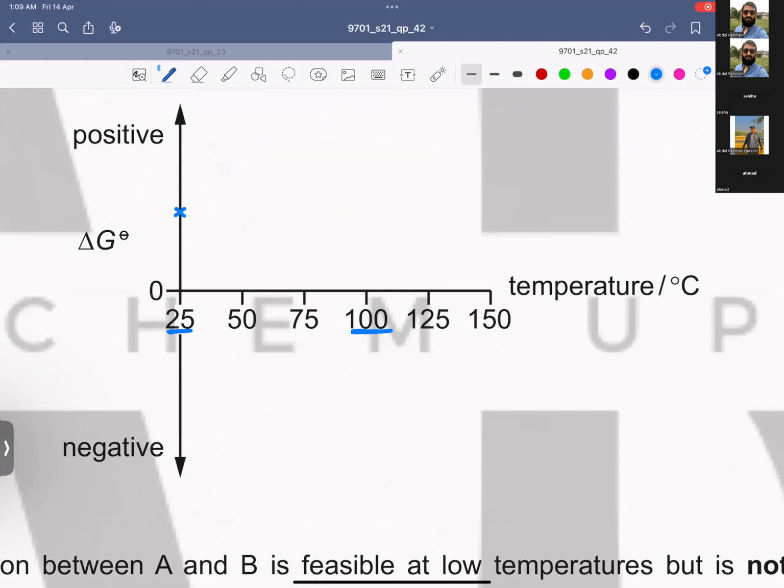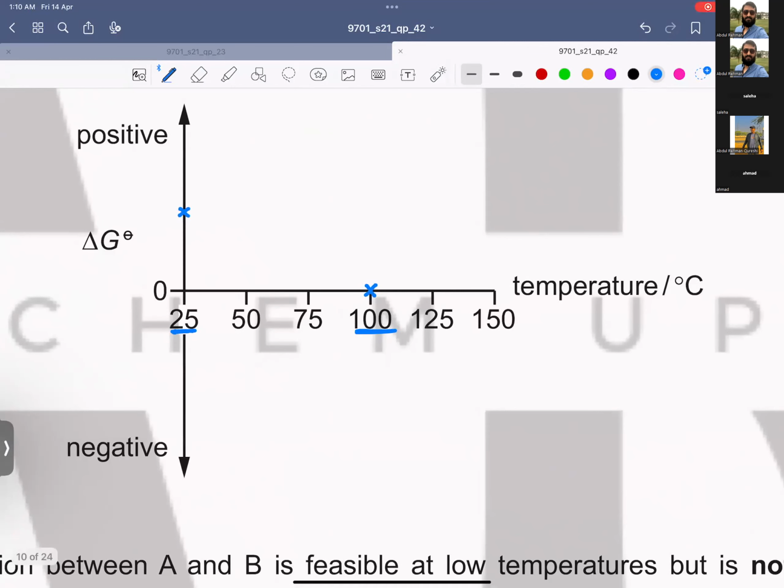So at 100 degrees Celsius, the Gibbs free energy must be zero, because here the change just becomes feasible, right? So what we are observing is that the Gibbs free energy is lowering down, and obviously if at 100 degrees Celsius it's just zero, then at 150 degrees Celsius it must have a negative value, even more than this one.